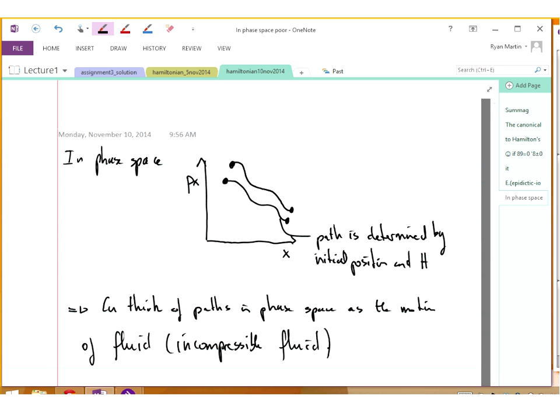Given the Hamiltonian, that determines the shape of the flow lines. Now the phase space you can think of as a fluid where you have a bunch of points that can start at one point and end at a different point after a certain amount of time based on the shape of the Hamiltonian, and none of those paths cross. So it's like a non-turbulent fluid of different paths through this phase space. So we'll see an example of what one of these paths may look like. Okay?